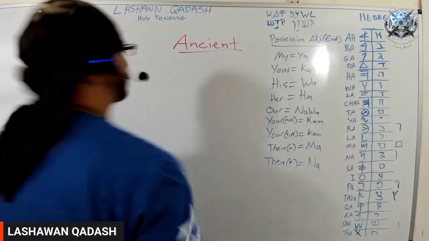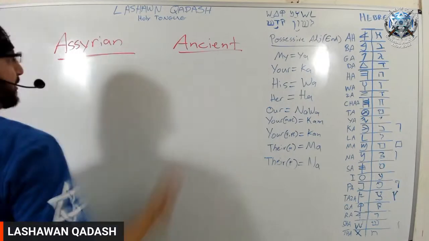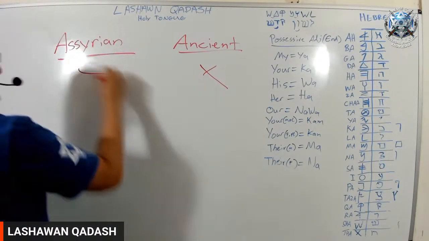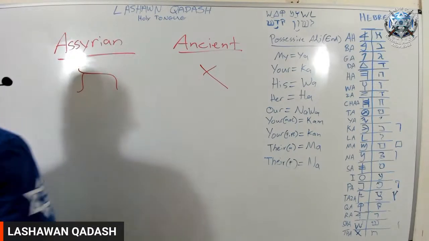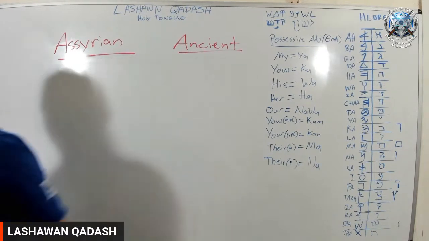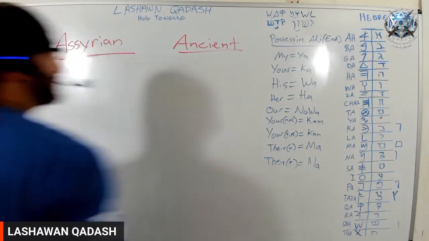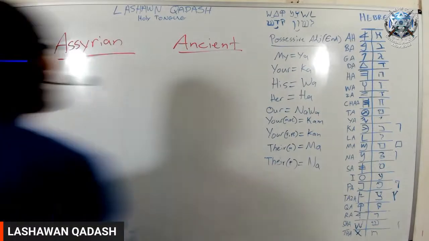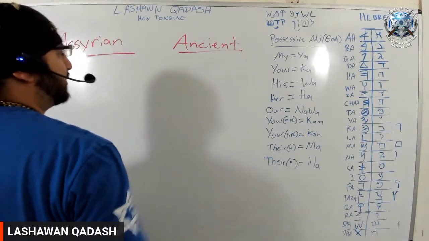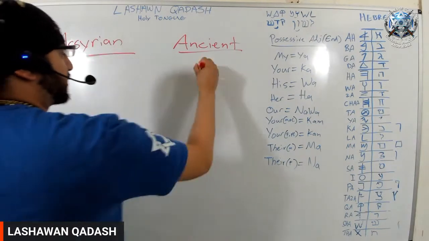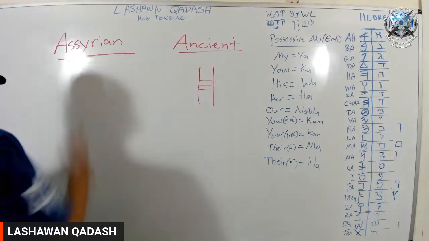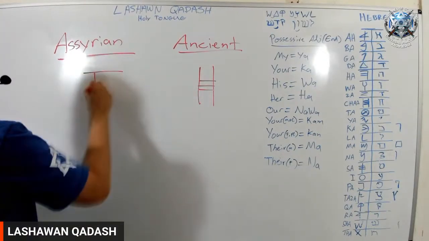We'll do two or three more. Tha in the ancient looks like this, and in the Assyrian it kind of looks like a dog a little bit, right? Cha looks like a ladder right here, and in the Assyrian, it looks like a table, right?